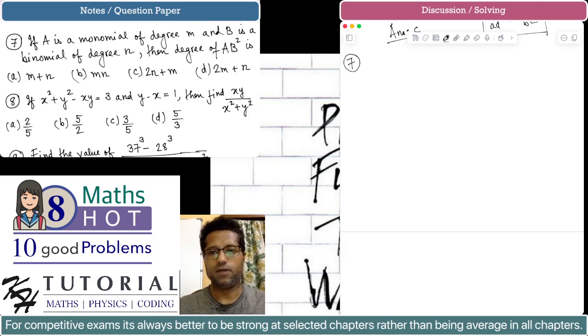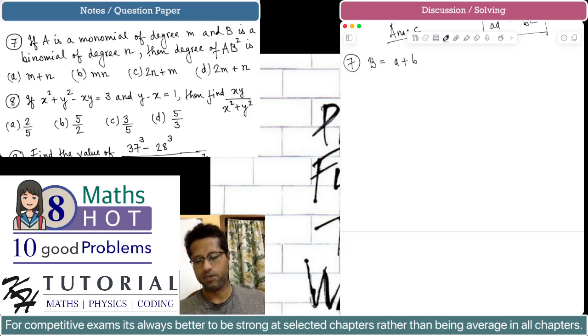Now, one thing to notice is that if you are given a binomial, let's say, consider B as the binomial a plus b, where a is a term and b is a term. Now, a and b are terms, which means that both a and b are a product of a numerical factor and one or more literal factors.